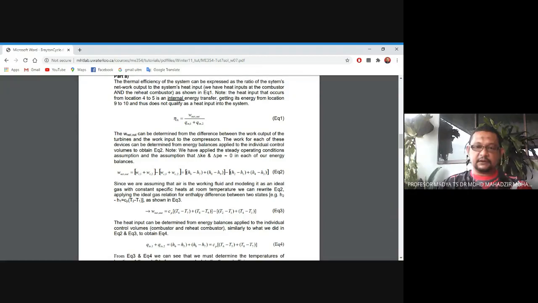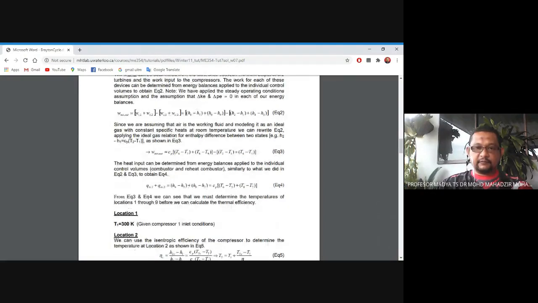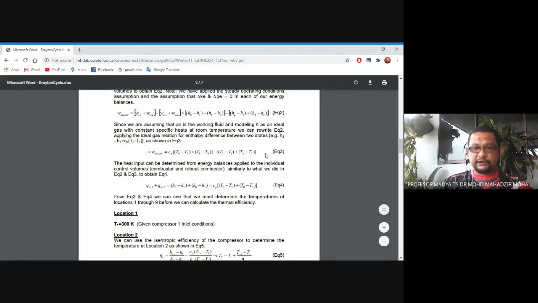This is not water or refrigerant, so the method of solution is based on the formula. From delta H, you must convert it to delta T. You know the formula of enthalpy, convert it to Cp delta T. So from there, W net will become Cp delta T, followed by equation number 2, and it will become equation number 3.